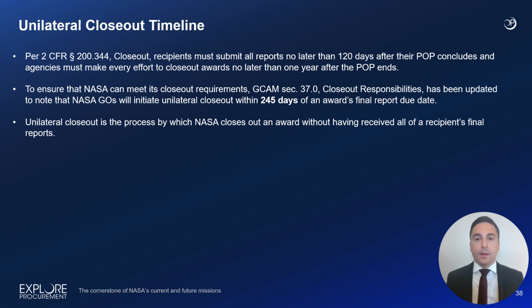In the past, NASA would initiate the unilateral closeout process if a recipient had not satisfied closeout responsibilities within 270 days of an award's POP expiring. That timeframe has now been moved up to 245 days so that NASA can meet requirements in 2 CFR 200 that require agencies to make every effort to close out awards no later than 1 year after a POP ends.